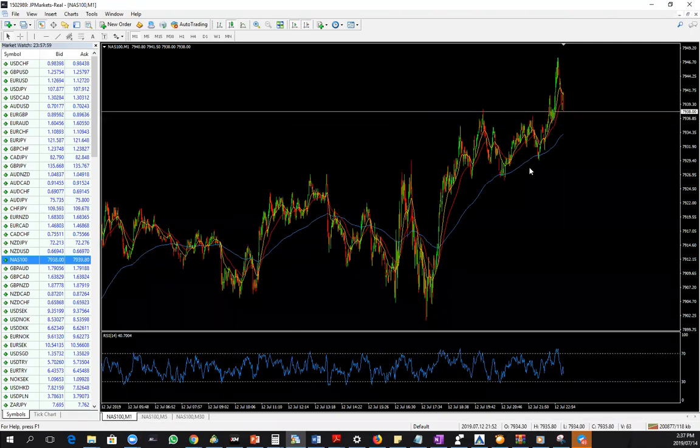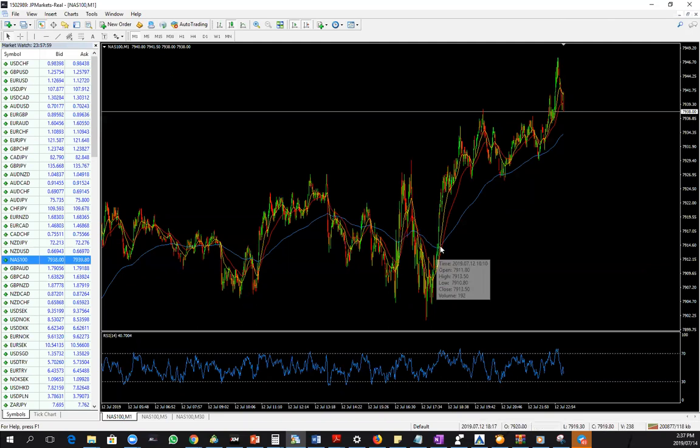So what I've been doing also, using the same thing, you can get in on lower time frames, knowing that the blue line is your trend, even on 1 minute. What I've been doing, and I'm not advising everyone to do this, is entering on NAS on 1 minute when it breaks to the downside of the 200 and the 200 is pointing down. I would be looking for sells there.